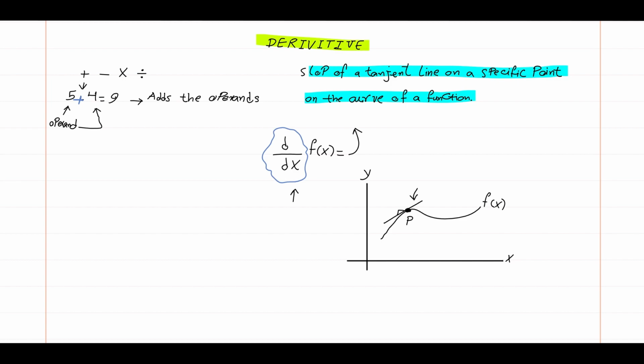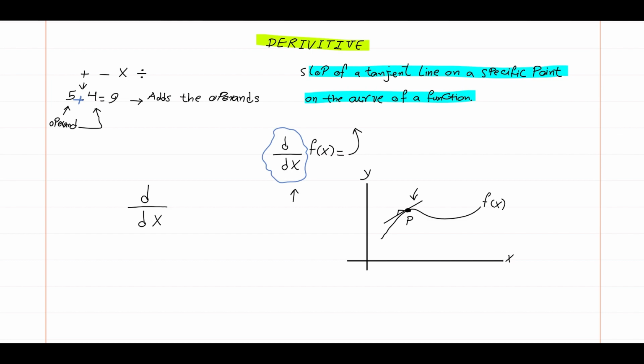Now more on the notation. We differentiate with respect to a variable. This variable can be anything. In this case, it's x. We can also differentiate with respect to y, with respect to u, with respect to any variable.